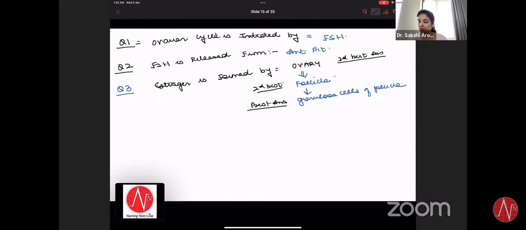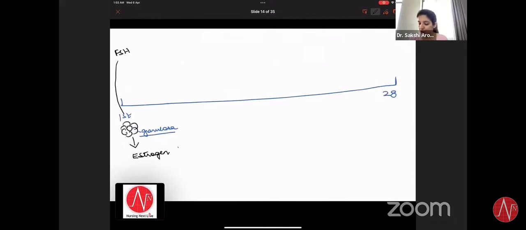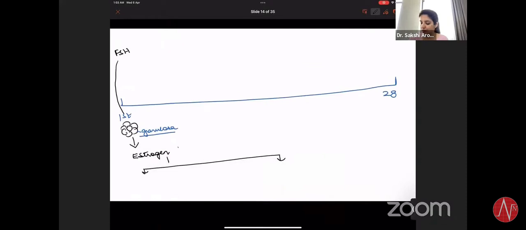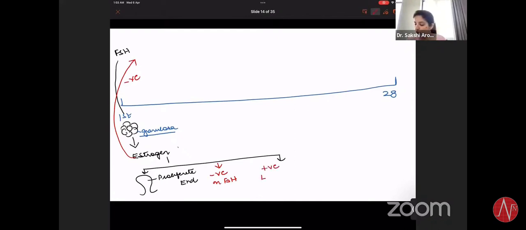Right? Now, what is estrogen going to do? Estrogen is going to do three functions. It will proliferate the uterine endometrium. It will have a negative feedback on FSH. So ये FSH पे इसका negative feedback होगा, and it will have a positive feedback on LH.